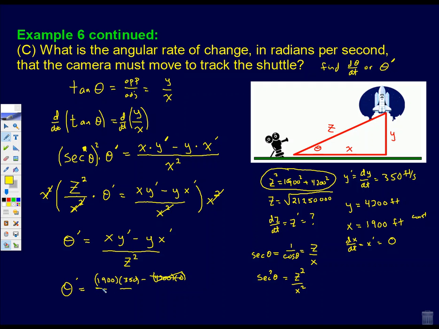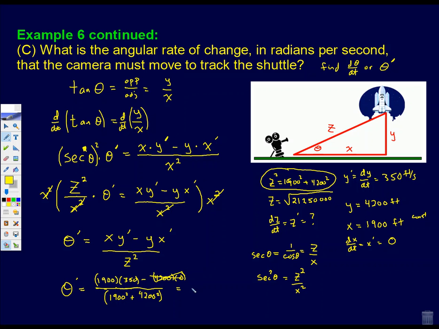And we're dividing it all this time by z squared, which I wrote up here as 1,900 squared plus 4,200 squared. To avoid complication on your calculator, I would encourage you to take the whole expression in the denominator and add it all together first, and then do the dividing at the end.